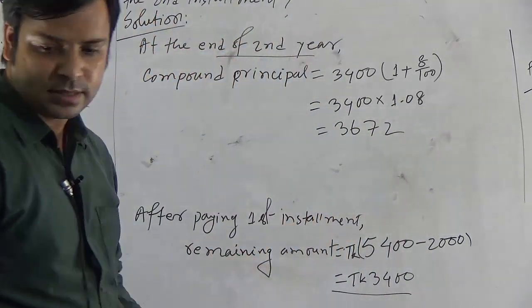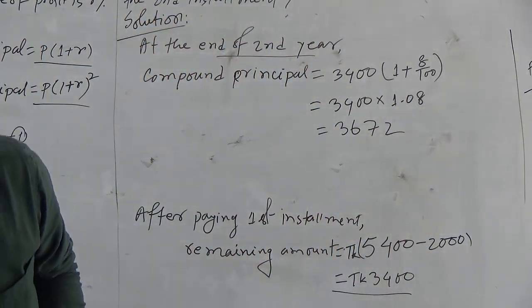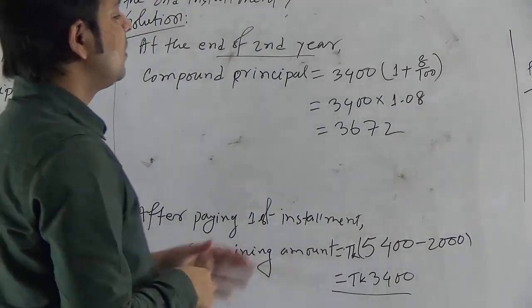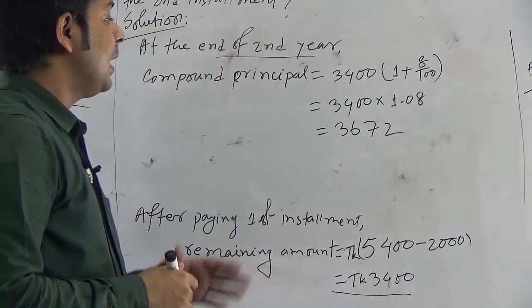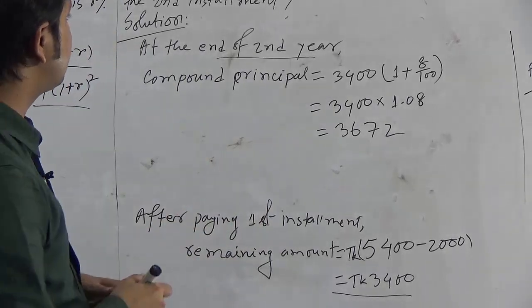It means that the organization will get 3672 taka from the person if the person pays the second installment.